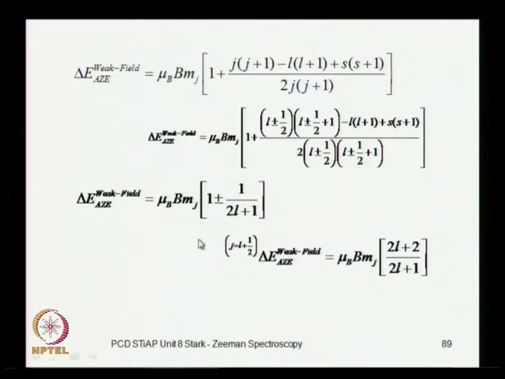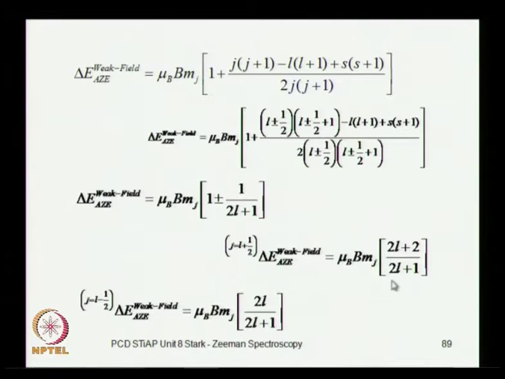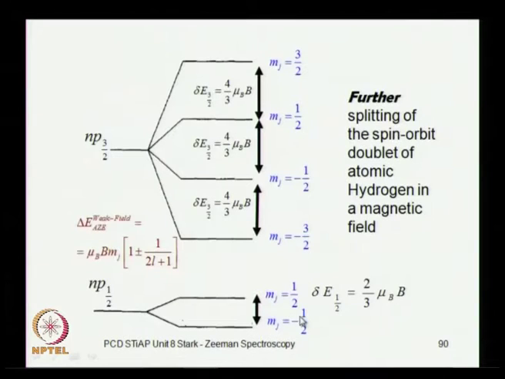So, when j is L plus half, the correction goes as 2L plus 2 over 2L plus 1. When j is L minus half, the correction goes as 2L over 2L plus 1. So, this is the resolution of the energy levels under the application of the magnetic field.